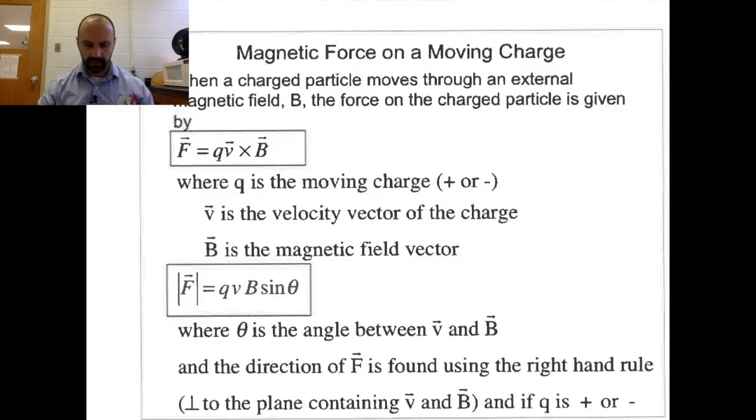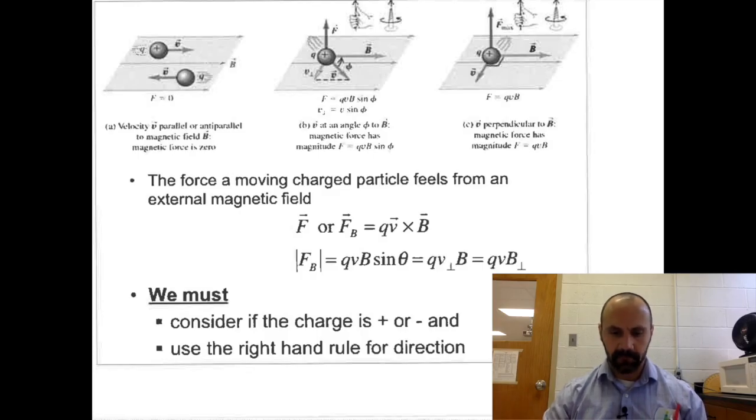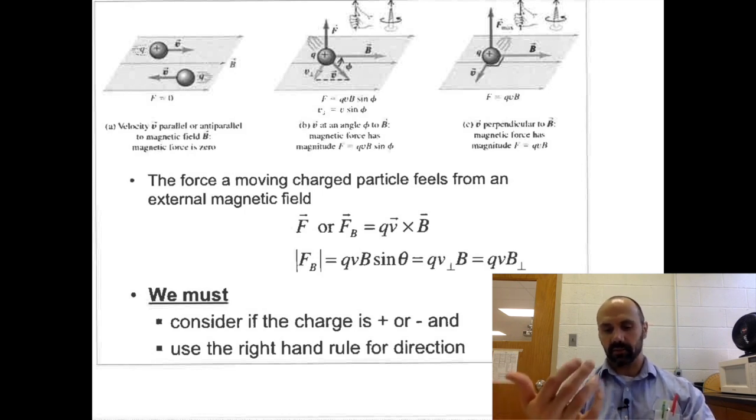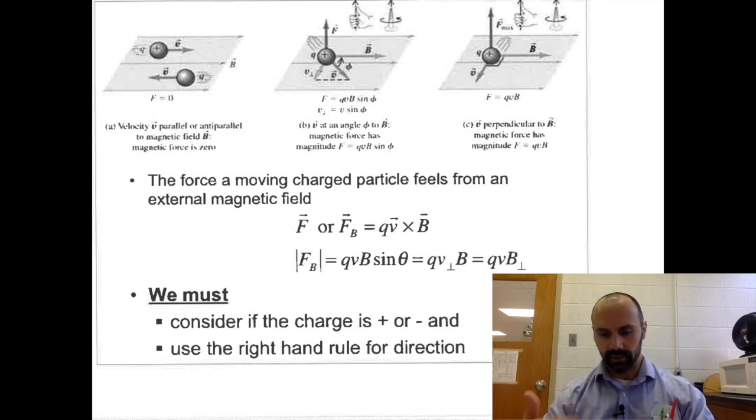In those pictures there, you can see there's a magnetic field pointing to the right, and then the velocity is either to the right or to the left. There the force is 0 because the velocity is parallel to the magnetic field. However, in the other one, the magnetic field is pointing to the right, and the velocity is pointing kind of forwards a little bit, right?